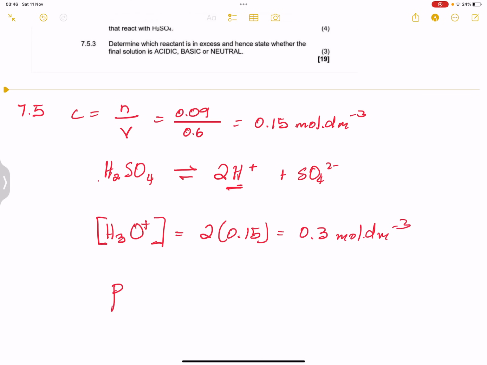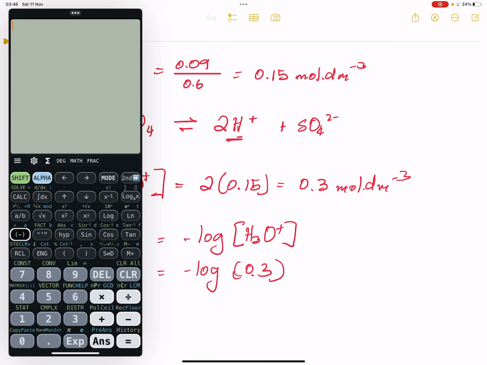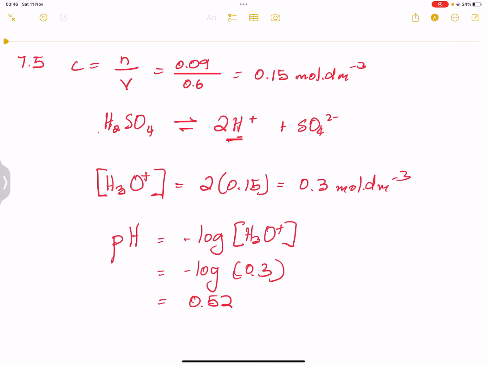And so to calculate the pH, we're going to say this is minus the log of the hydronium ion concentration, and that would be minus the logarithm of 0.3. So let's find that out. That's negative log of 0.3, and I get 0.52 as our pH, and that tells us it is quite a strong acid.